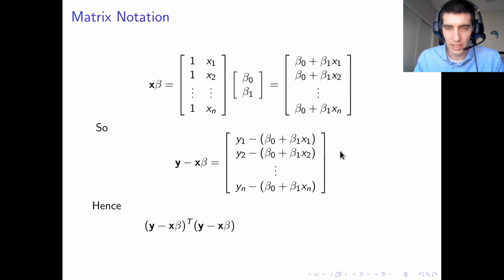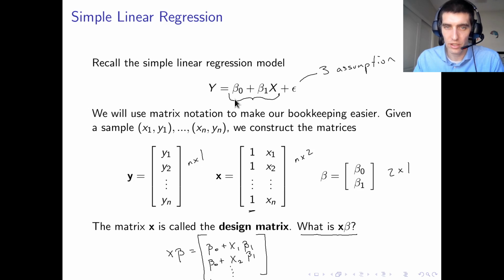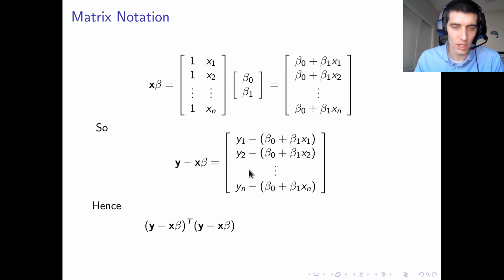Let me back up just a bit. This is y minus this expression here. So this should be just a bunch of epsilons, right? So y minus the x part.